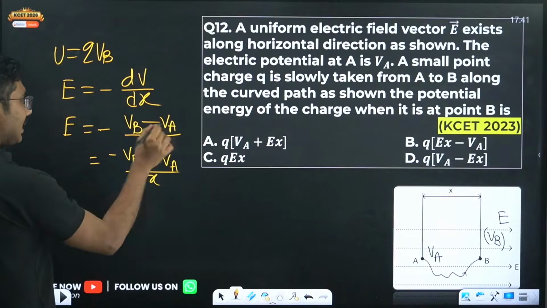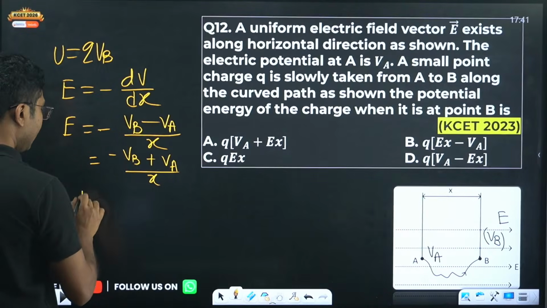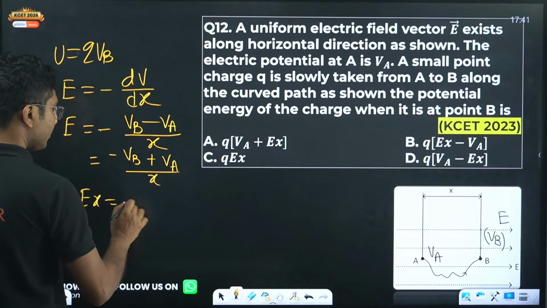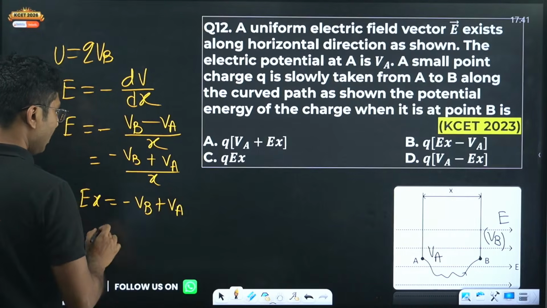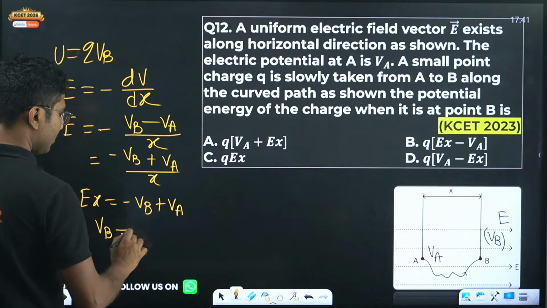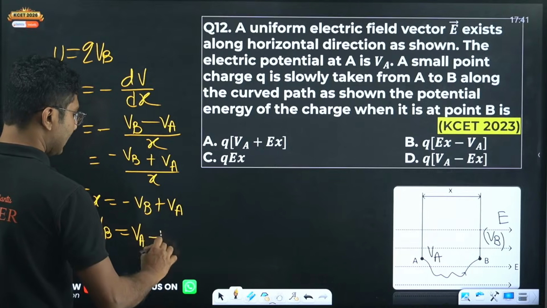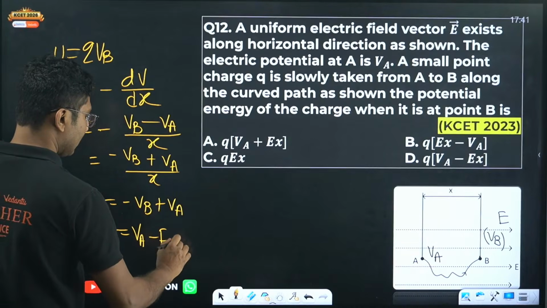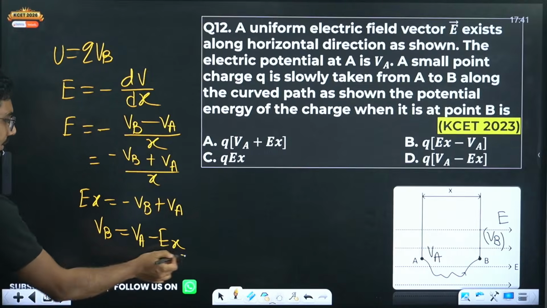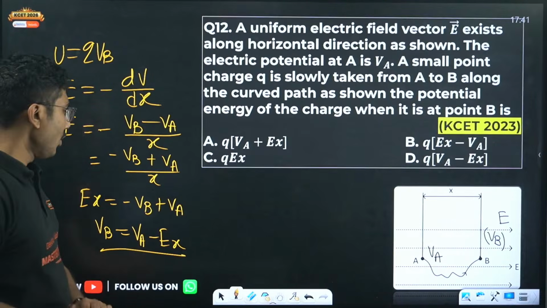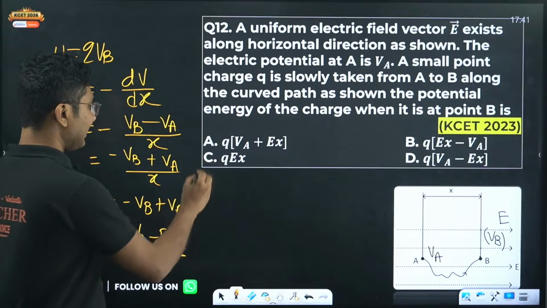So EX equals minus VB plus VA, or VB equals VA minus EX.